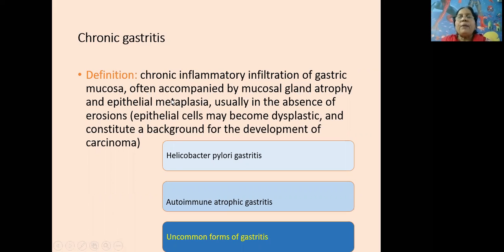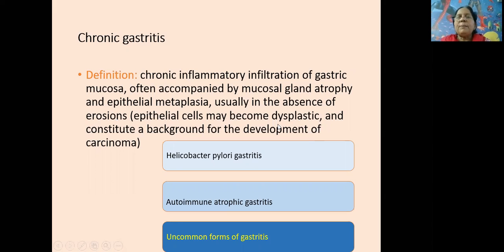Intestinal type of epithelium. The stomach epithelium can withstand acid, but intestinal epithelium cannot. Okay, usually in the absence of erosions, so there is no erosion, and epithelial cells may become dysplastic.